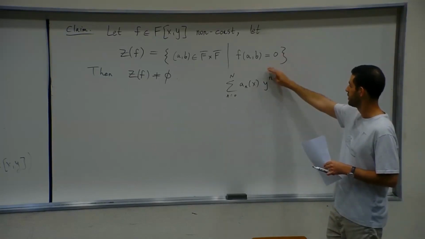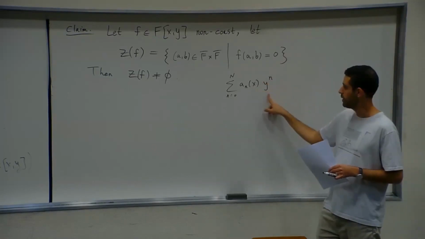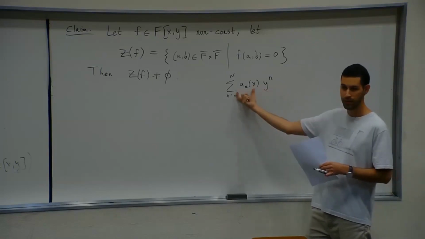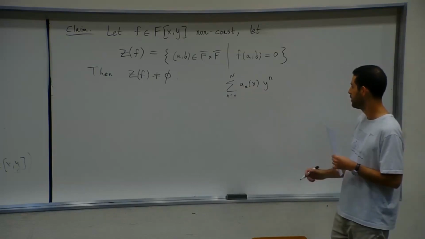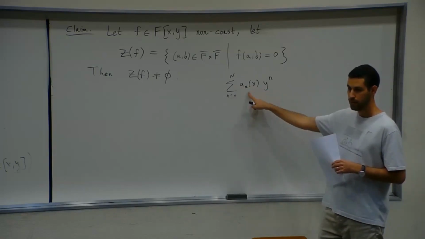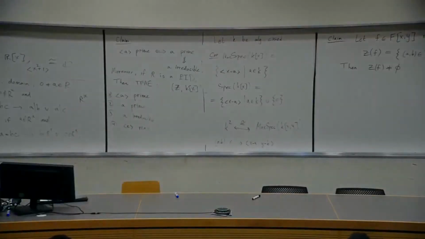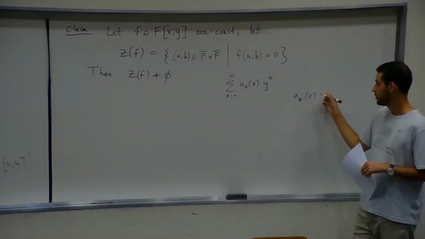So if it contains both x and y, then we can write it as a polynomial in y with coefficients which are polynomials in x. And then what can we do? Just plug any point in x and define some univariate polynomial in y. Exactly. Let's consider the leading coefficient. We know that it is non-zero.